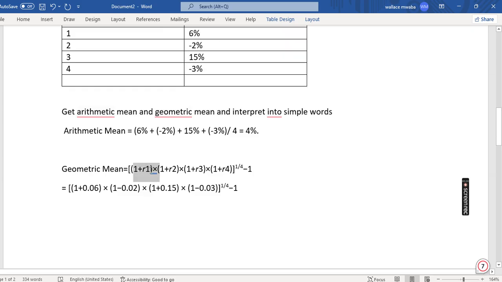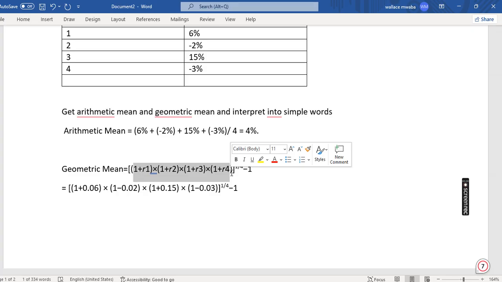It's 1 plus R1 multiplied by 1 plus R2 multiplied by 1 plus R3 multiplied by 1 plus R4. This is where we're taking into effect the growth factors of each return. We want to know, from year 1 to year 2, what was the growth rate? From year 2 to year 3? Year 3 to year 4?